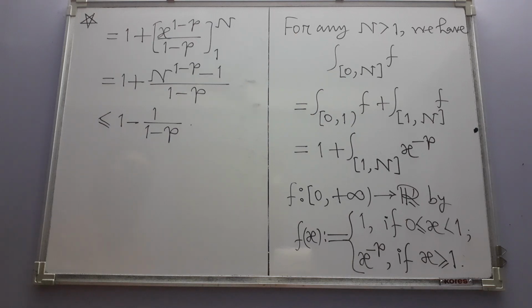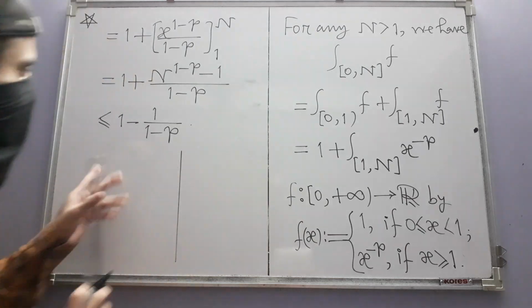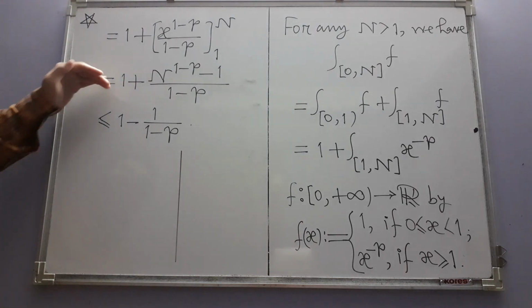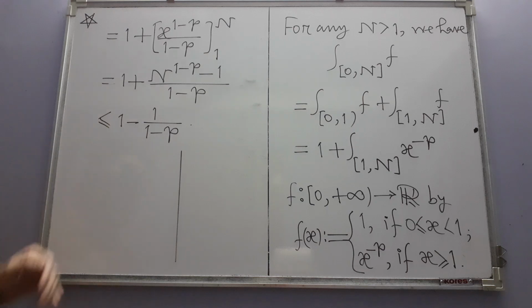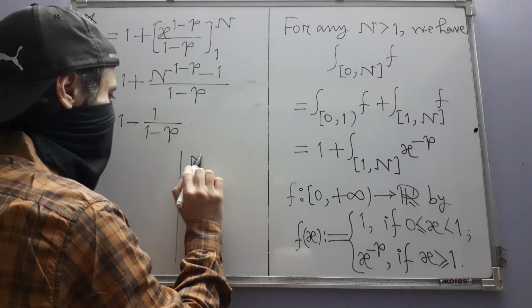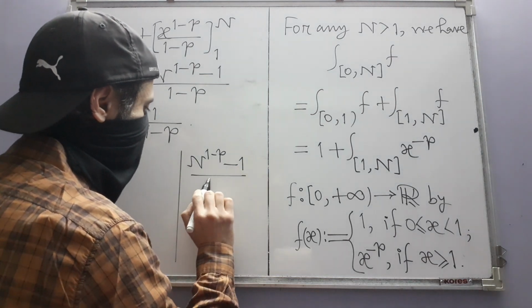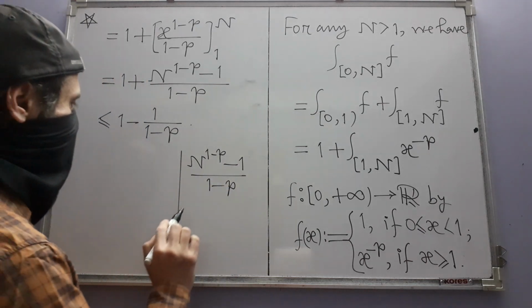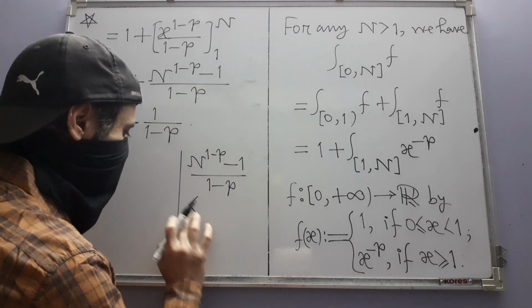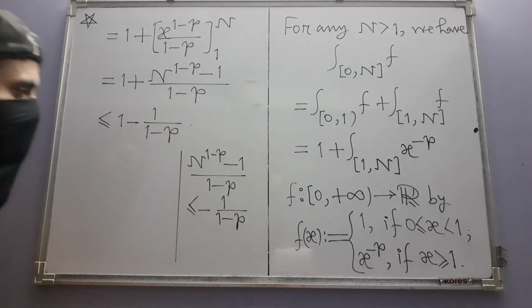How? Well, for that, how am I getting this inequality? Let's try to justify that here. If we ignore this 1, because you can simply ignore 1 from both sides, this is what we seem to have written: 1 minus p minus 1 divided by 1 minus p is less than or equal to minus 1 divided by 1 minus p.